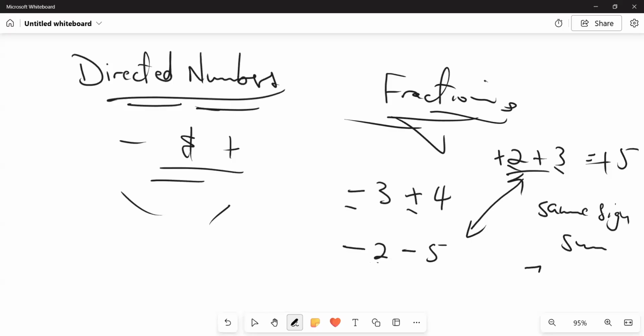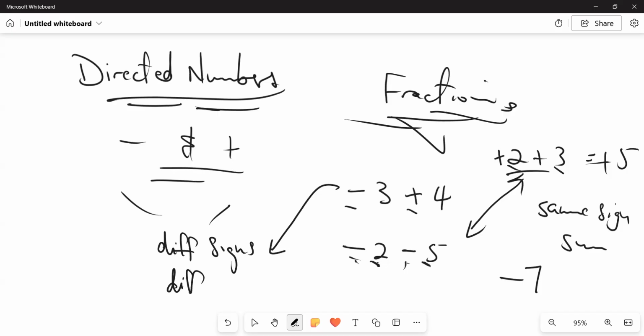So 5 and 2 is 7, and you keep the negative sign. You think you follow that? Same sign, sum. Meaning you sum the two numbers, forget the sign, and you keep the sign. When the signs are different, you find a difference, or you subtract.